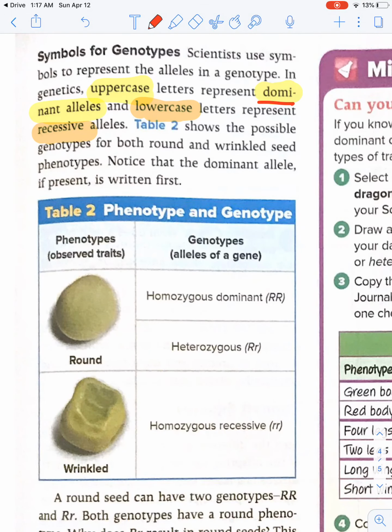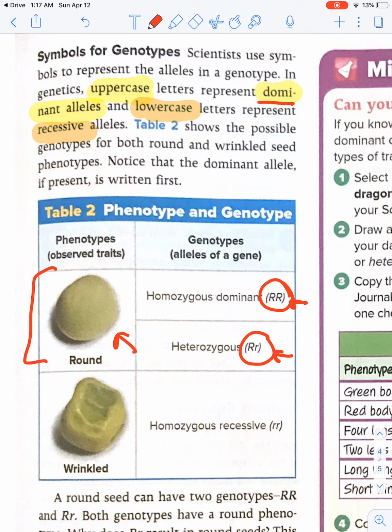Notice that the dominant allele, if present, is written first. For the phenotype round seed, the round seed could have either capital R, capital R, or capital R, small r, because it only needs one capital R to express the dominant trait. So it has either two of those alleles, or it has one allele and one recessive allele that you can't see because it's masked.